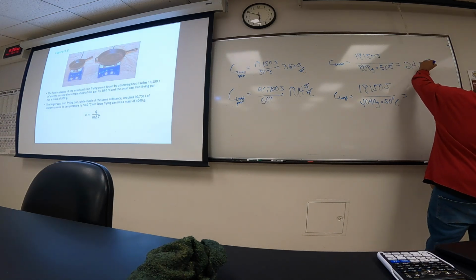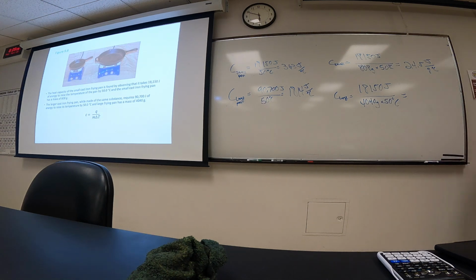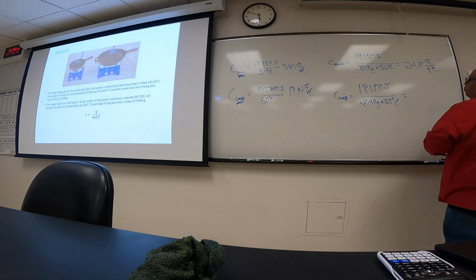It's .45 joules per gram degrees Celsius. And for the large pan, .09.